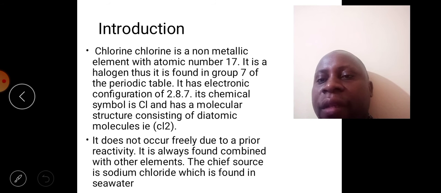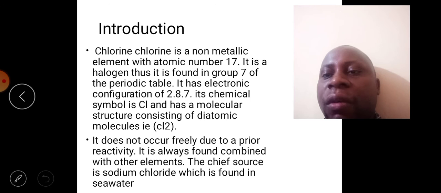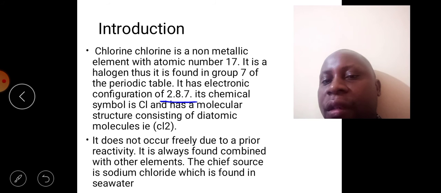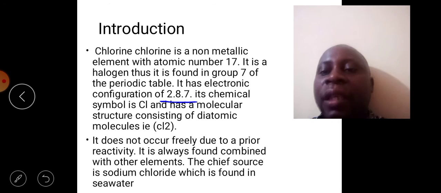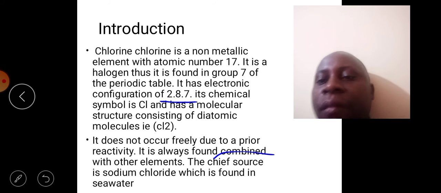It is found in group 7 of the periodic table and its electron configuration is 2.8.7. We have said it does not occur freely in the atmosphere because it is very reactive. Therefore, it readily reacts with other elements, hence occurs in combined form. And the chief source of chlorine is sodium chloride, which is usually found in seawater.